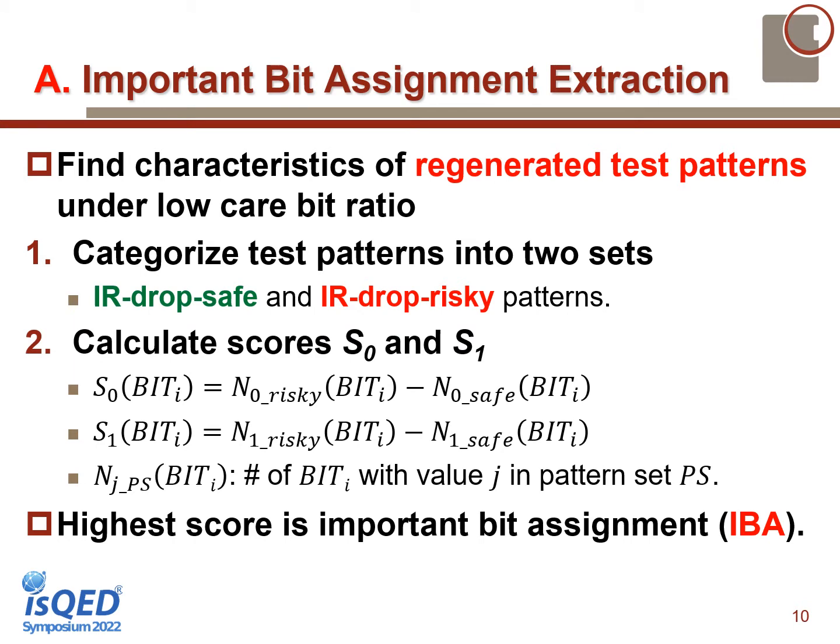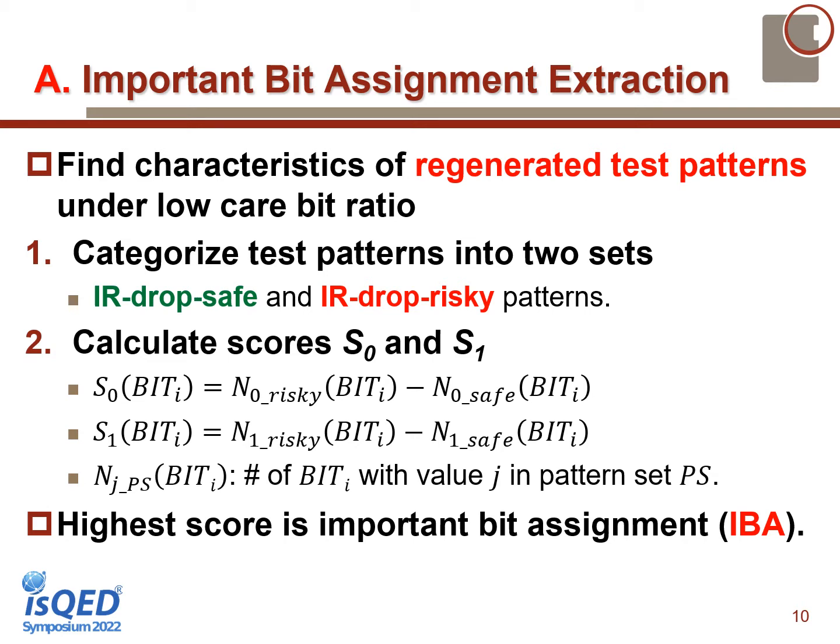First, I will introduce important bit assignment extraction. The goal of IBA extraction is to categorize test vectors and fill them with their respective better fitted preferred values. First, we categorize test patterns into two pattern sets, IR drop safe and IR drop risky patterns. We then calculate scores S0 and S1 as shown in the slides.